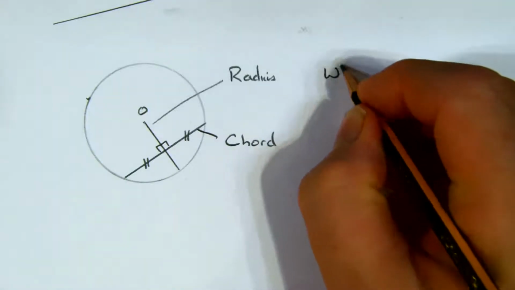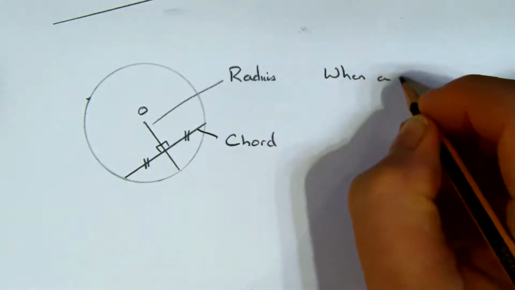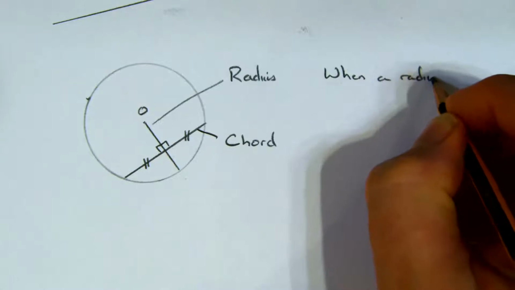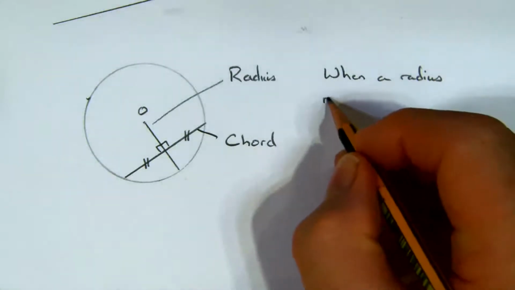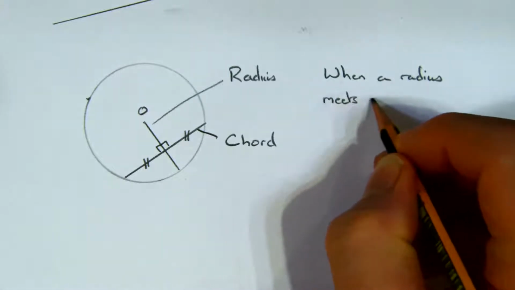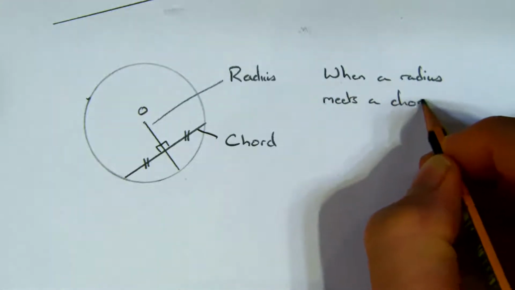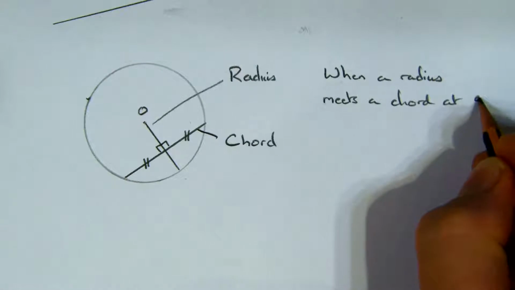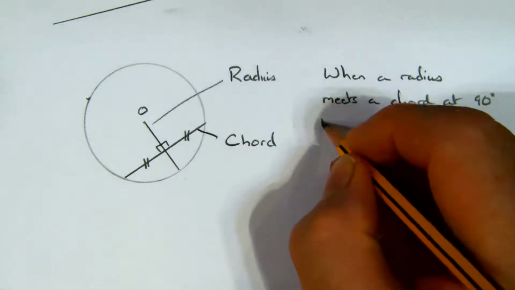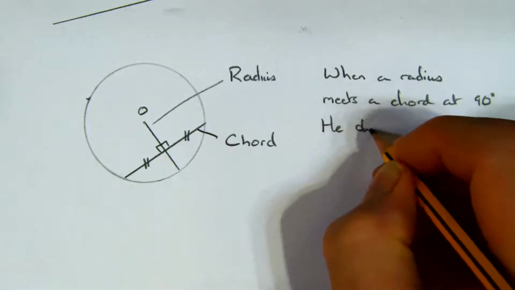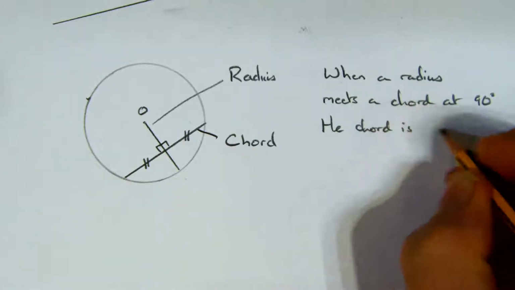So when a radius meets a chord at 90 degrees, the chord is bisected.